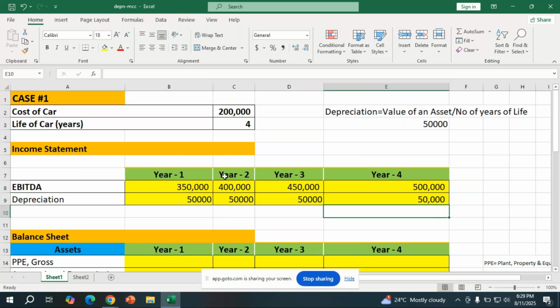Now year 2, what happens is, we bring up this amount to the next year. So 3 lakh 50 plus 50 it is 3. Okay.